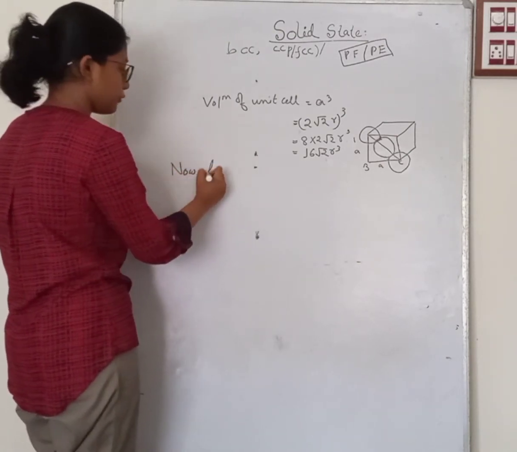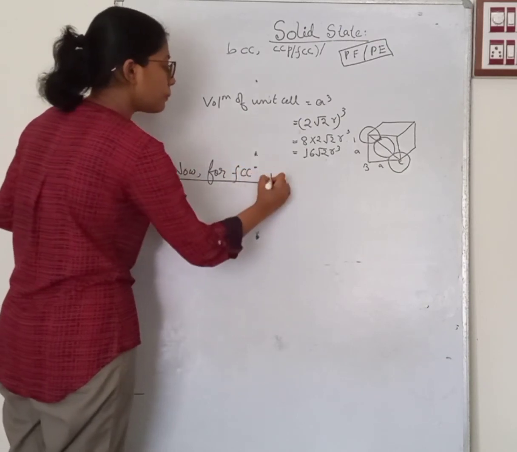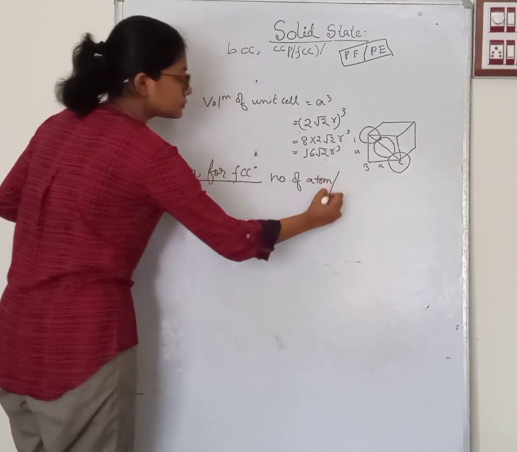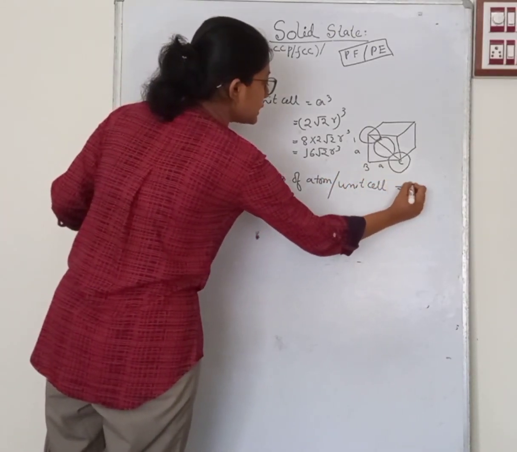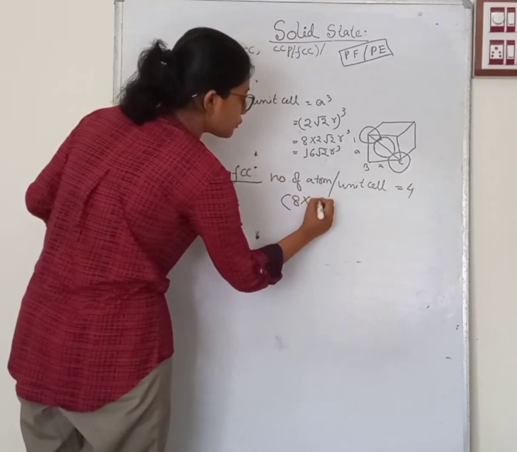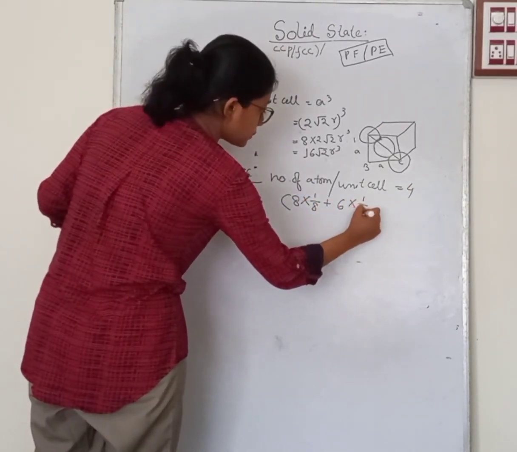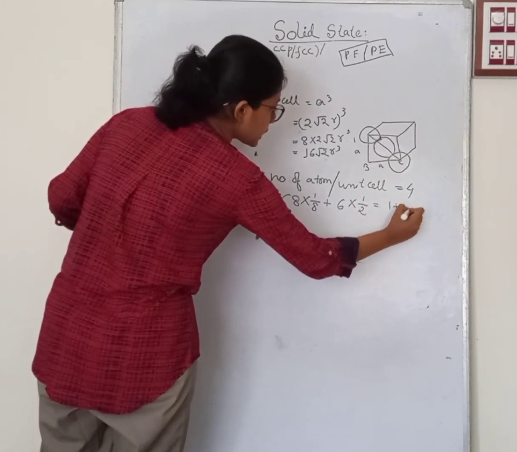Now for FCC, the number of atoms per unit cell is four. The corners contribute 1/8 each, plus we have 6 face centers with contribution half each, which is 1 plus 3, equal to 4.